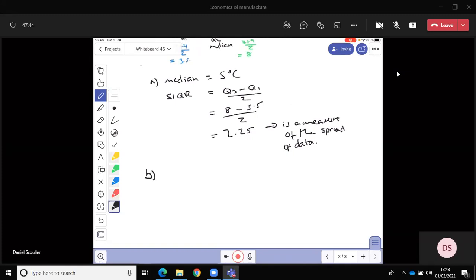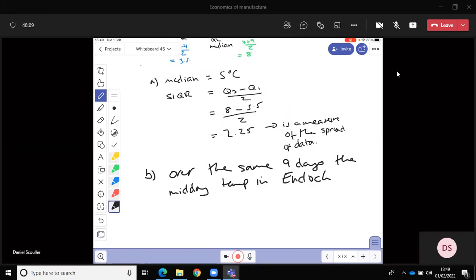So B, say over the same 9 days, midday temp in Endoch was recorded.